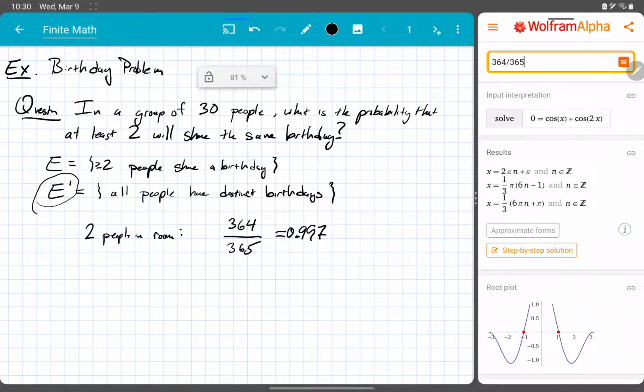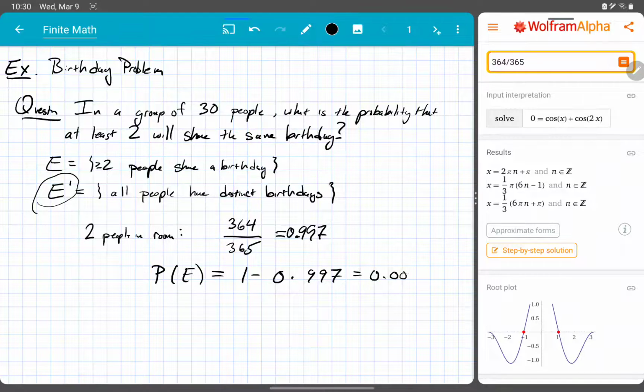And so then here, the probability of E would be 1 minus 0.997, and that's 0.003. So roughly 3/100ths, right? Okay, yeah, that seems about right. That's not very likely at all.